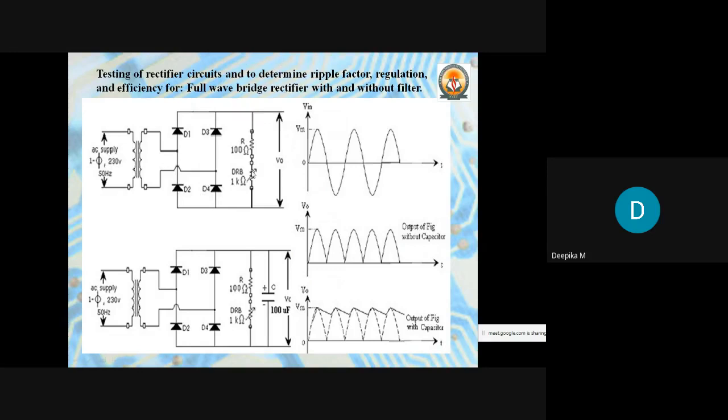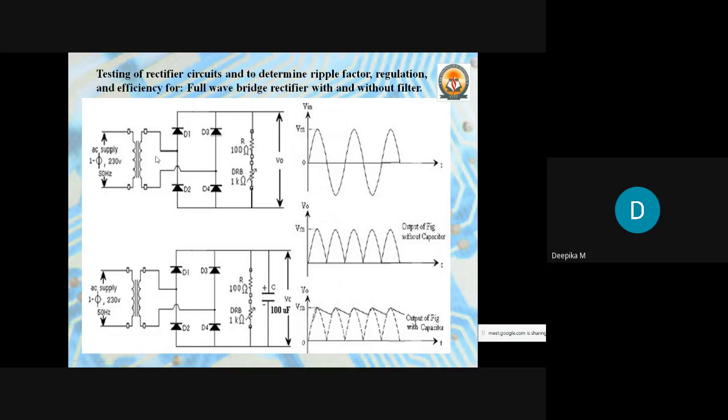Across it we are going to connect the 100 ohm power resistor and also the DRB box, and the output will be measured over here. One end of the transformer is connected to this leg, and the other end of the transformer is connected to this arm. Okay, so like this the connections are made.